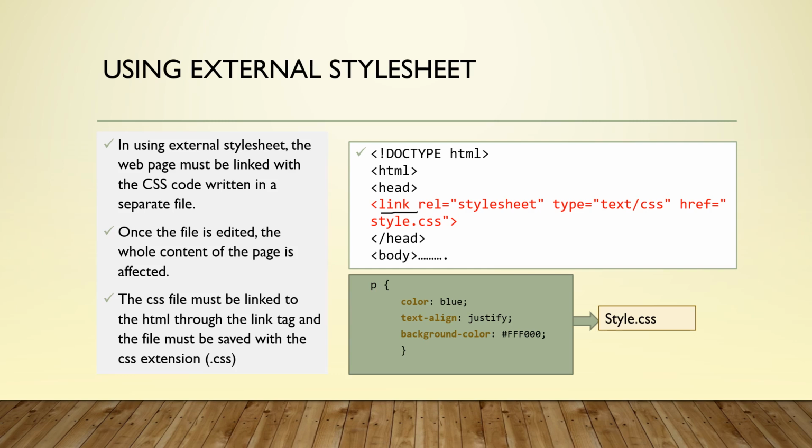The type of file is text/css, and the href links you to the file. Wherever you store it, the path of the file is what you write here. Whatever you are styling in this file will be applied to whichever element you are targeting on that page.